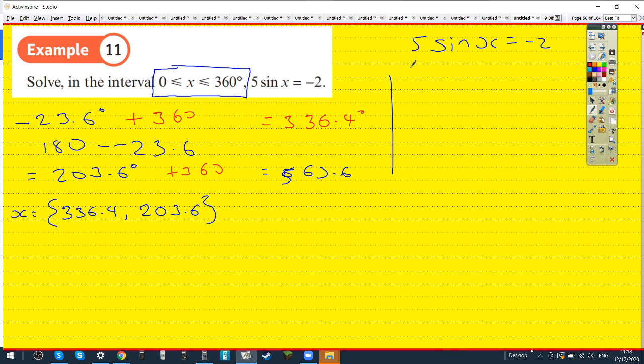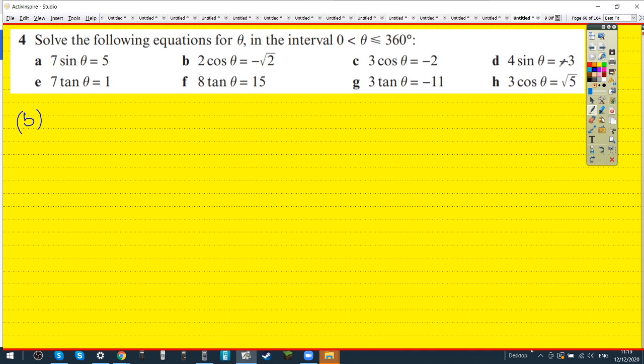We could have started by dividing both sides by 5. And so then it would be sine x equals minus 2 over 5. And then we could do arcsin both sides, and we would get x equals arcsin of minus 2 over 5, which is that minus 23.6. And you chose to put it on the calculator, so it's whichever way you want to do it.